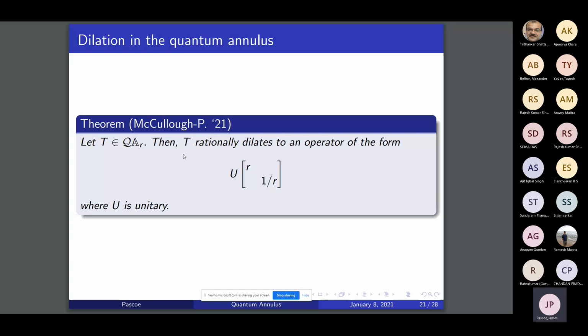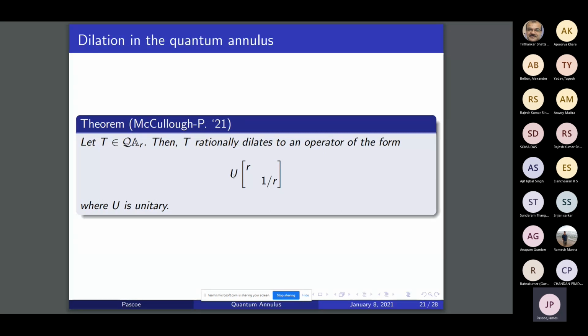So what we figured out was that operators in this quantum annulus rationally dilate to operators of the form U times a block matrix, which looks like R and 1 over R. So they almost look like a normal operator with spectrum in the boundary of the annulus.